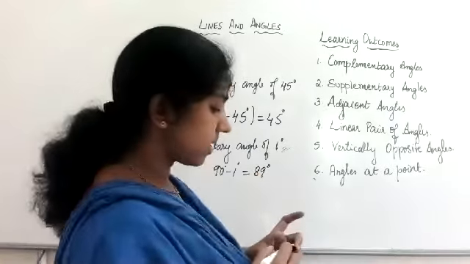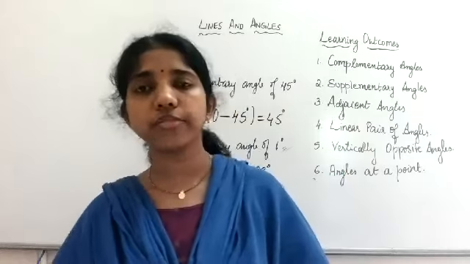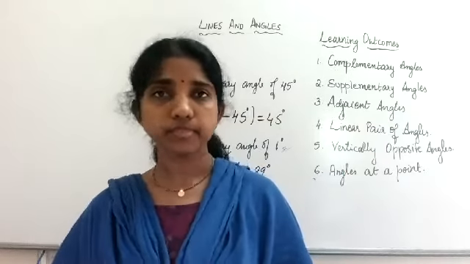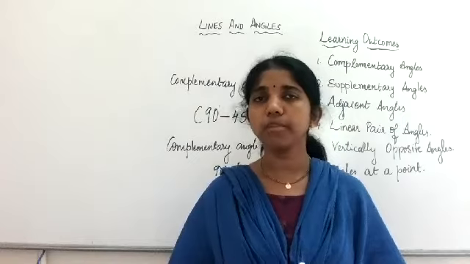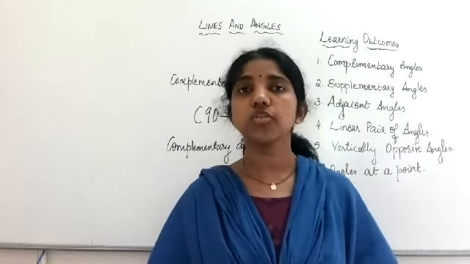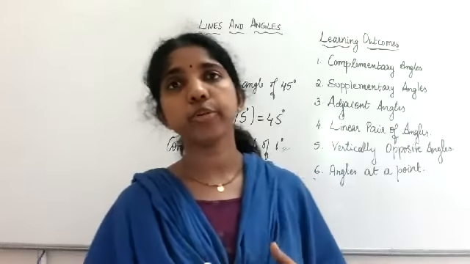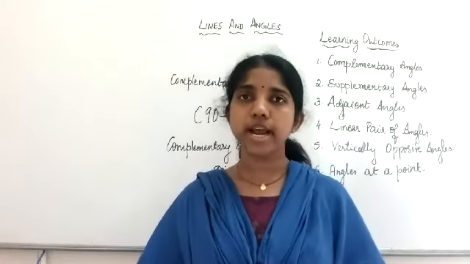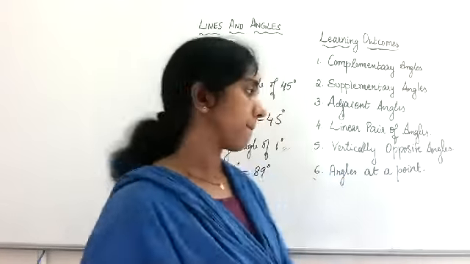We subtract from 90 degree to find the complementary angle of a given angle. What is the condition for complementary? If they give you two angles and ask you to identify whether they are complementary, their sum should add up to 90 degree. If their sum doesn't add up to 90 degree, then they are not complementary angles.